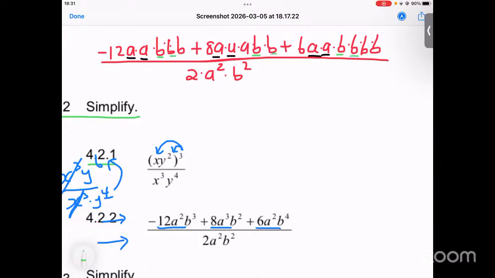Okay, in terms of the letters, it looks like I can only take those. But what about the numbers? Do I not have a number that goes in there, there, and there? I think it is 2. 2 goes into 6, goes into 8, goes into that negative 12.